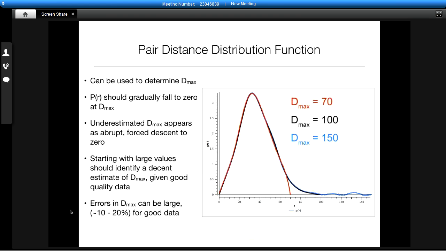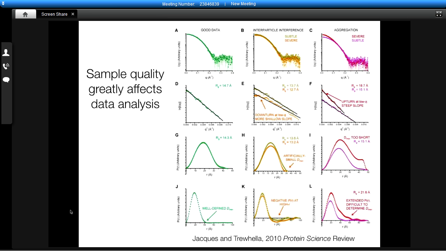So these are some of the ways that the sample quality, those interparticle interactions, can affect your data analysis. And this is from the Jacques and Trewhella review that I mentioned earlier. This is a really excellent review when it comes to practical applications and practical analysis of your data. So I believe this is a lysozyme scattering profile. And so on the left here we have what good data is.